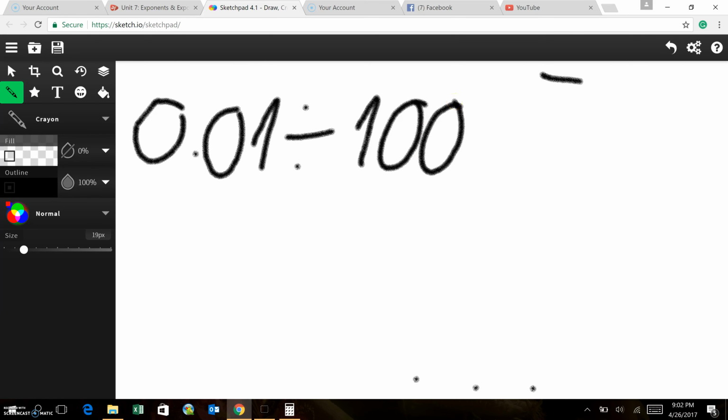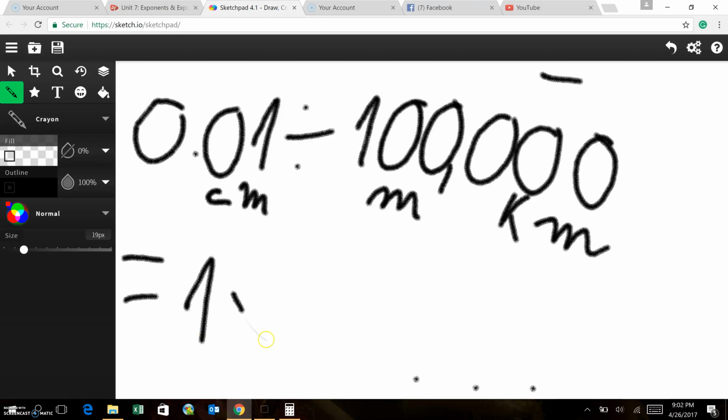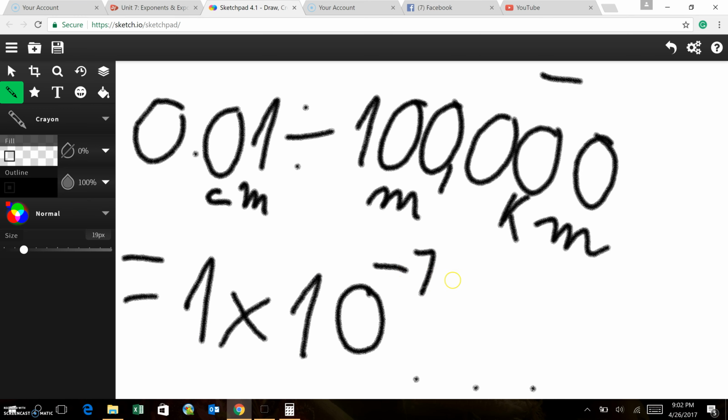It says this is centimeter, move to here in meter, 3 more zeros, it would be kilometer now. So in scientific notation it would be 1 times 10 to the negative 7 kilometer.